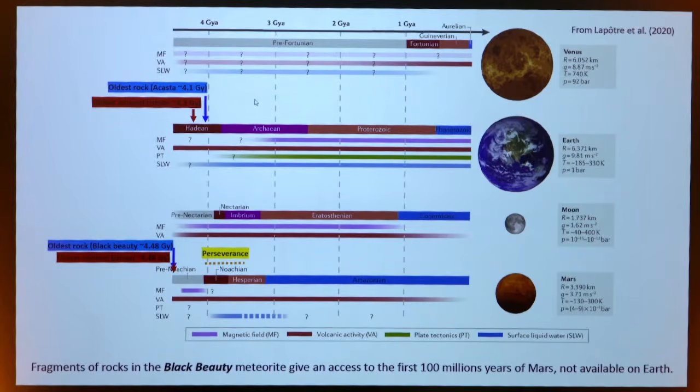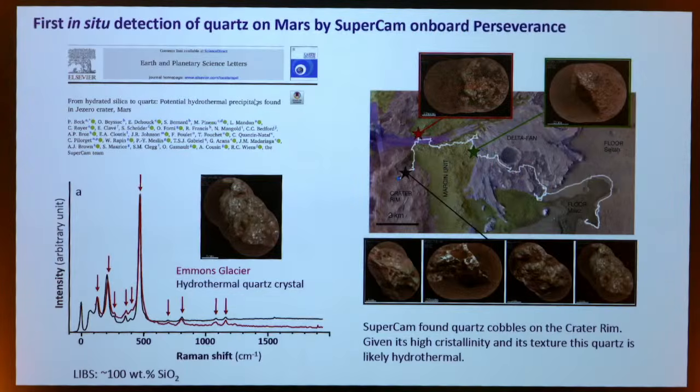We can play with it with the lab instrument. It gives us access to the first 100 million years of Mars, and this is something we do not have for Earth, apart from the small zircon grains.